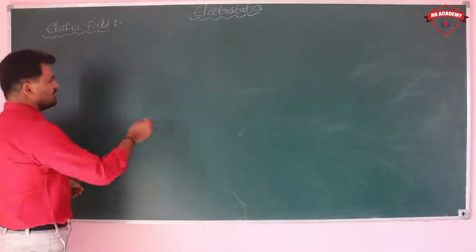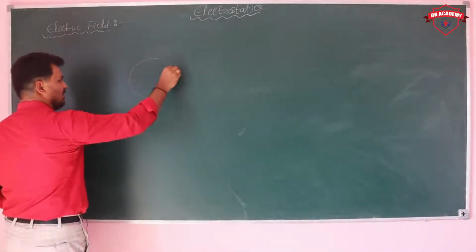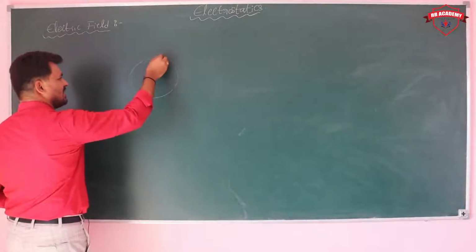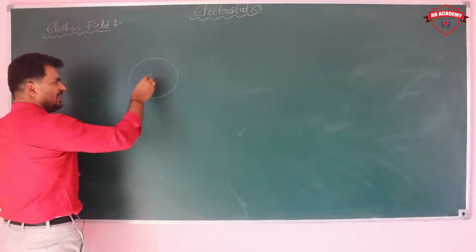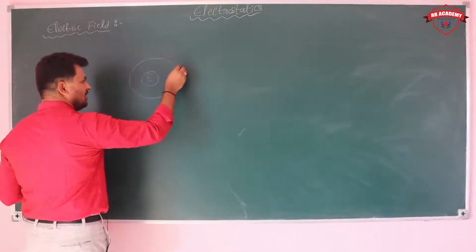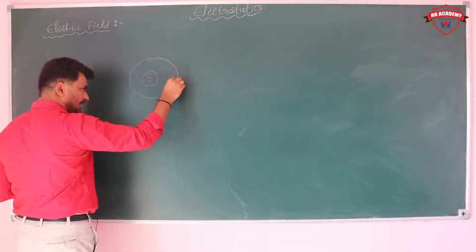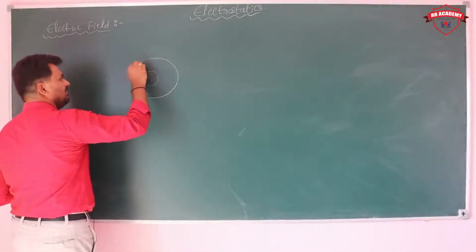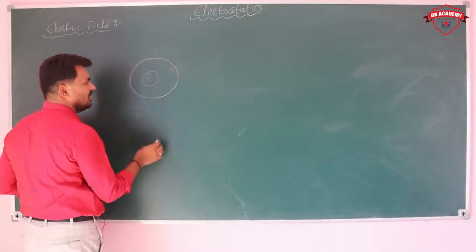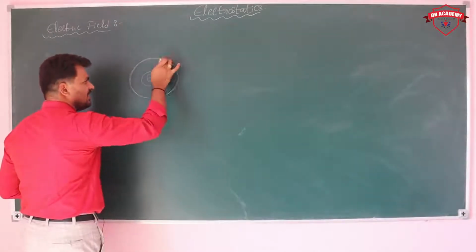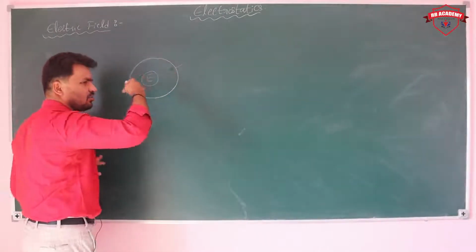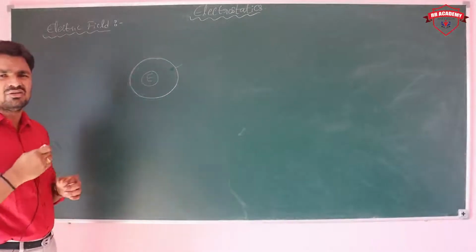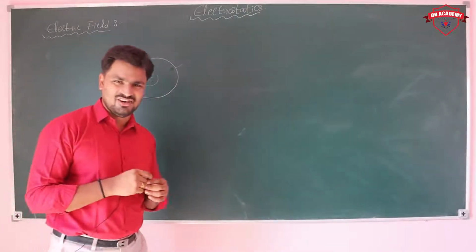Means if you consider Earth, it has some gravitational field. Only if anybody comes into that particular region can it be attracted by the Earth. So region around the mass is called gravitational field.